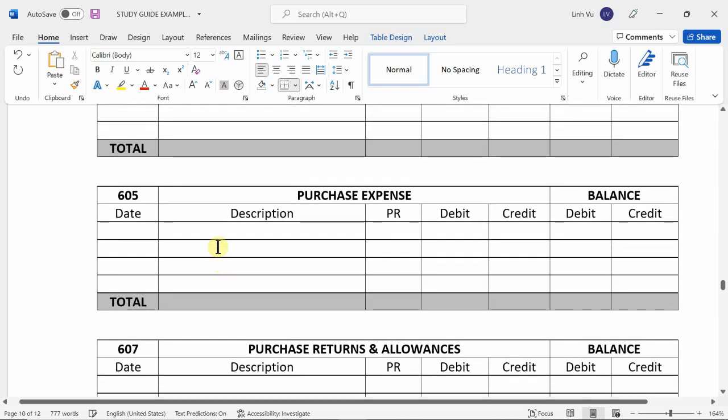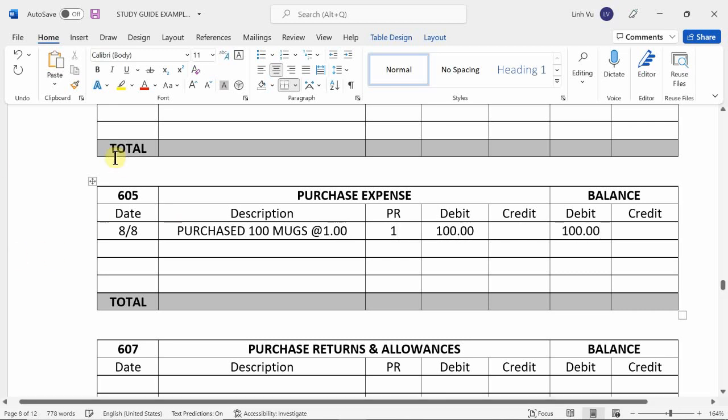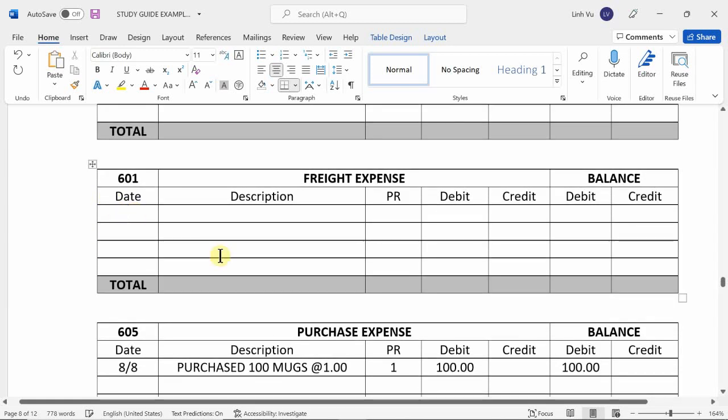Here we go, purchase expense. Here we go. That for $100. And then the freight expense cost me $25.